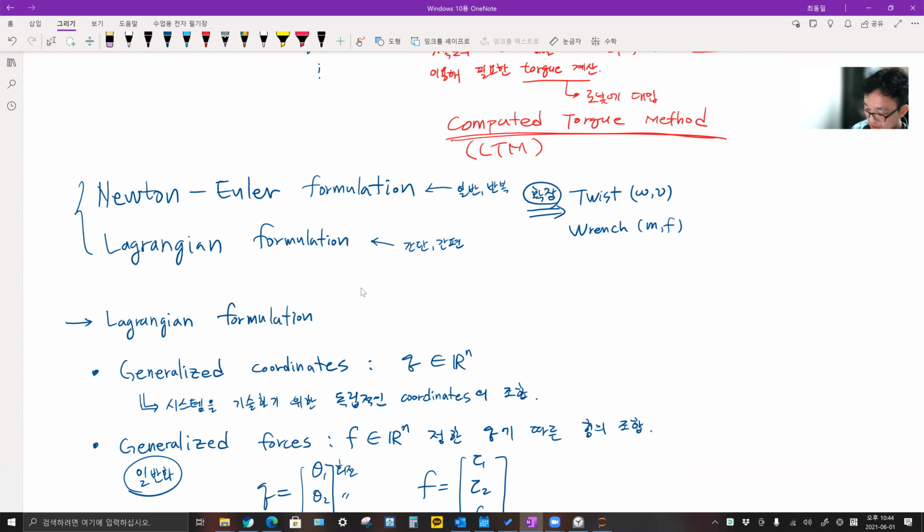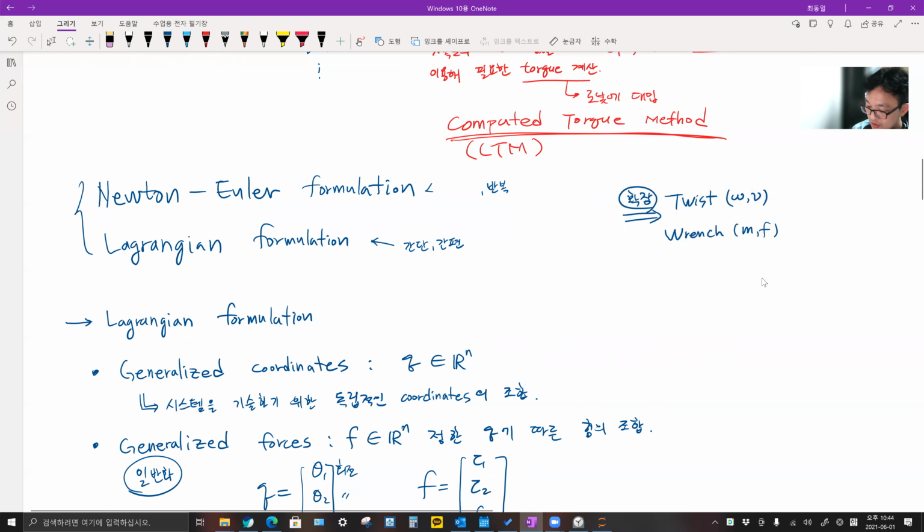Actually, the Newton-Euler method is more general and recursive. So this method has this kind of property, and Lagrangian formulation is more simple and convenient.